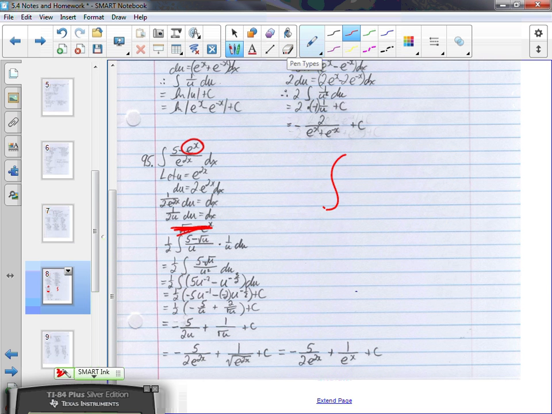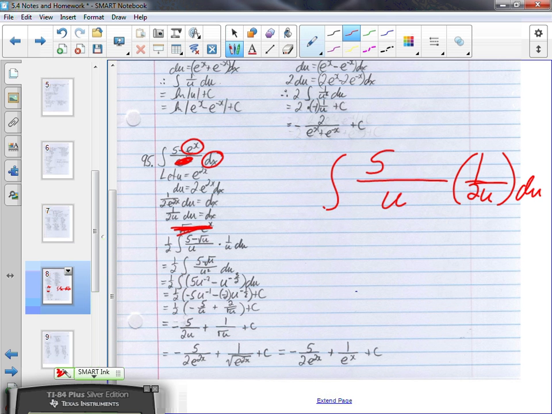Without doing that, let's try to make our substitution. Okay? 5 can stay 5. That's not a problem. E to the 2x in the bottom, that's u. dx, well, dx can be replaced with 1 over 2u du.